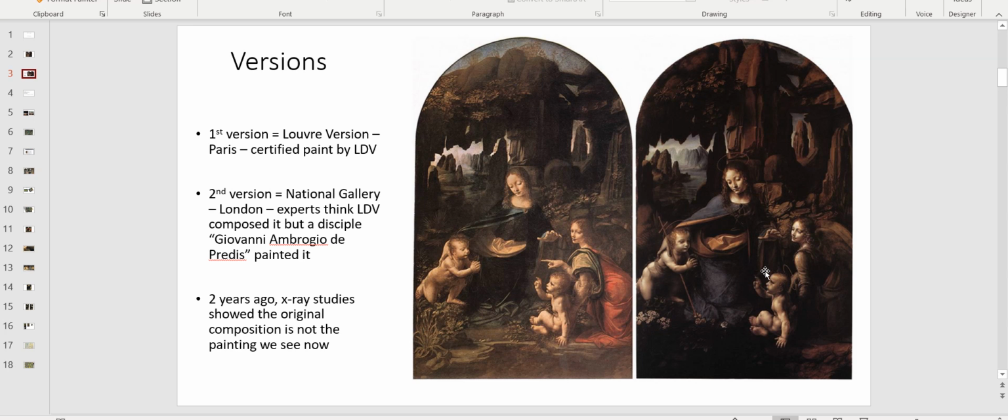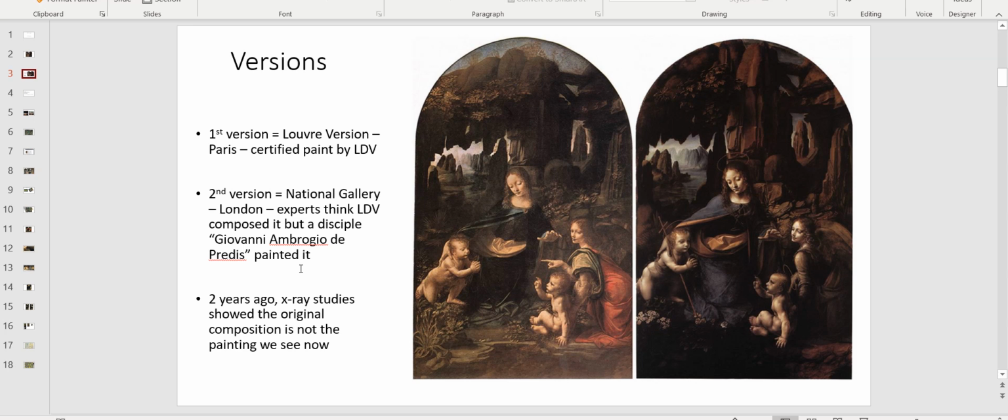They think Leonardo da Vinci composed it, but it was realized and painted by one of his disciples and his team, Giovanni Ambrogio de Predis, who I think is the same person who inherited most of his documents, as Leonardo didn't have any family and children. I need to double-check that, but I think it is.